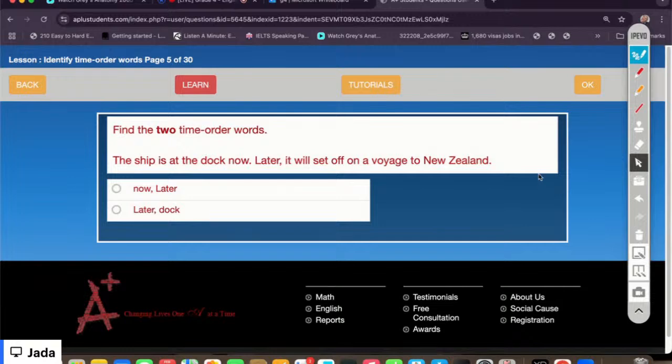Okay, two time order words here. The ship is at the dock now. Later, it will set off on a voyage to New Zealand. What are the two time order words here?